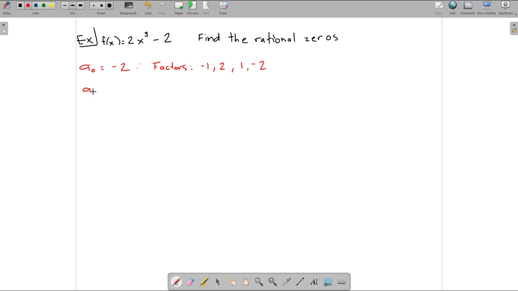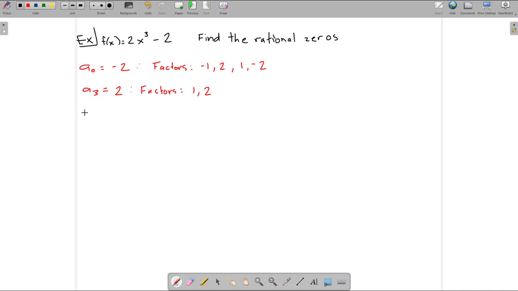And then a sub 3, again here, they're all cubic. It obviously won't always be cubic, but cubic is kind of a good example. So a3 equals 2. So if I'm looking at factors, and remember I covered the negative ones up here, so I'll only do positive ones down here. So all I need to worry about is 1 and 2.